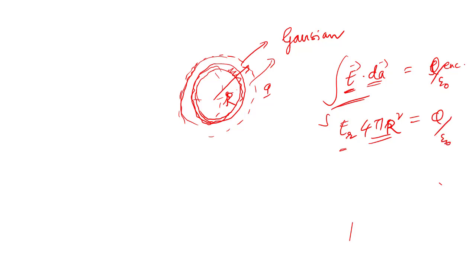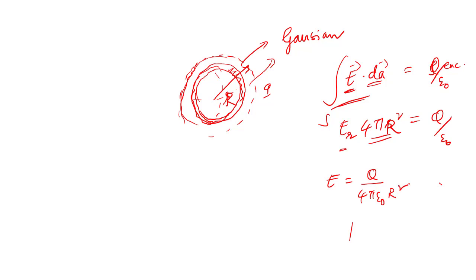So there you can see that in this case we can write the electric field itself as Q by 4 pi epsilon naught r square.